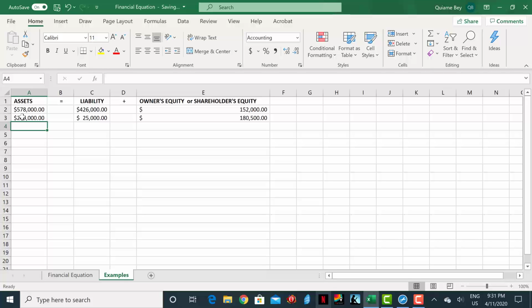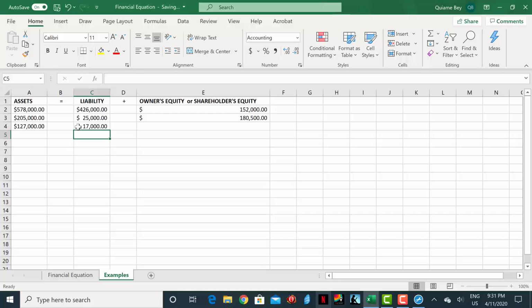Blazing Savage Inc.'s total current assets are valued at $127,000. However, its total current liability is valued at $17,000. How much is the current value of Blazing Savage stockholders' equity?